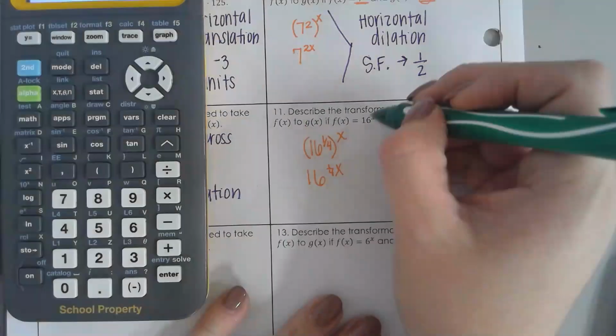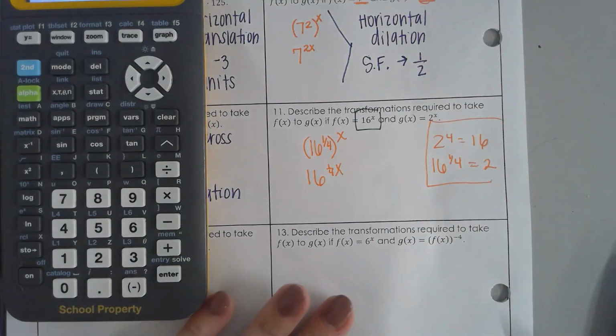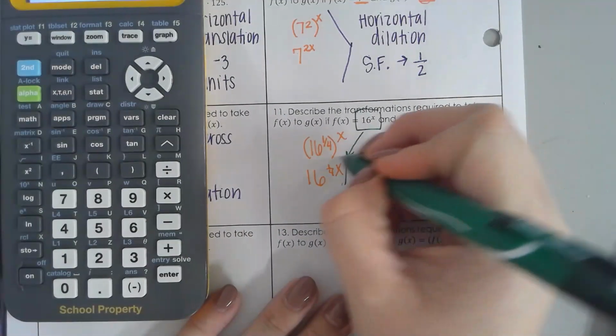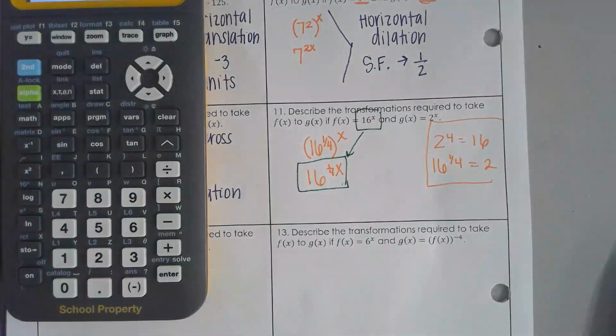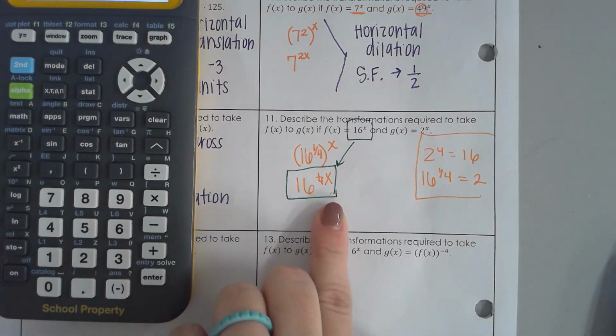So now I started here, 16 to the x, I ended here. We can compare those now because they have the same base. You can't compare them and say these transformations happened unless they have the same base. The only thing that changed is now there's a 1/4 in the exponent with the x.